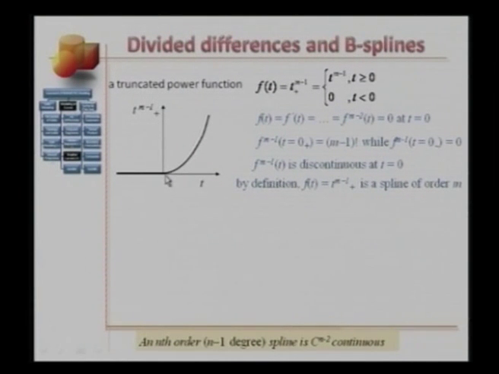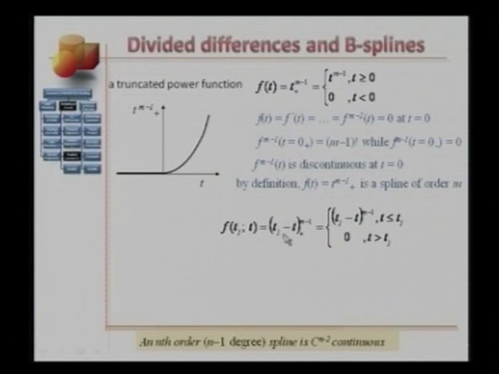So far, so good. Can we play with this truncated power function a little more? That is, can we play with the junction point here? Maybe yes. Or can we reflect this function about the y-axis? Again, maybe yes. Let's investigate. Now let's define another function, f(t_j; t), which is equal to (t_j minus t) sub plus raised to m minus 1.